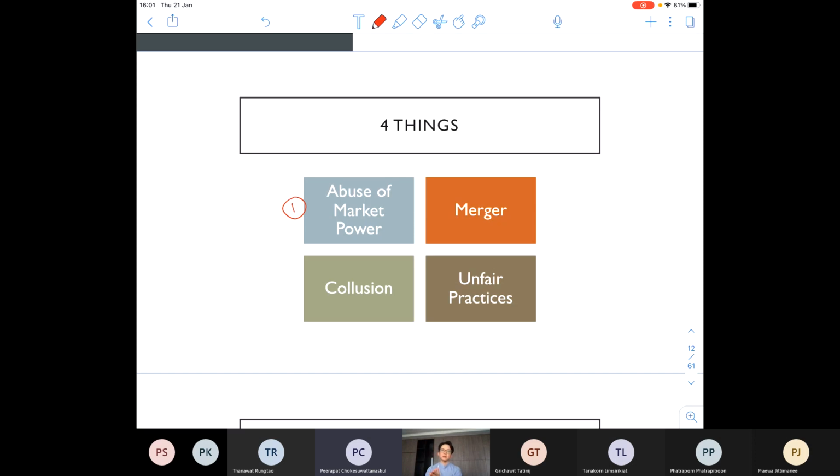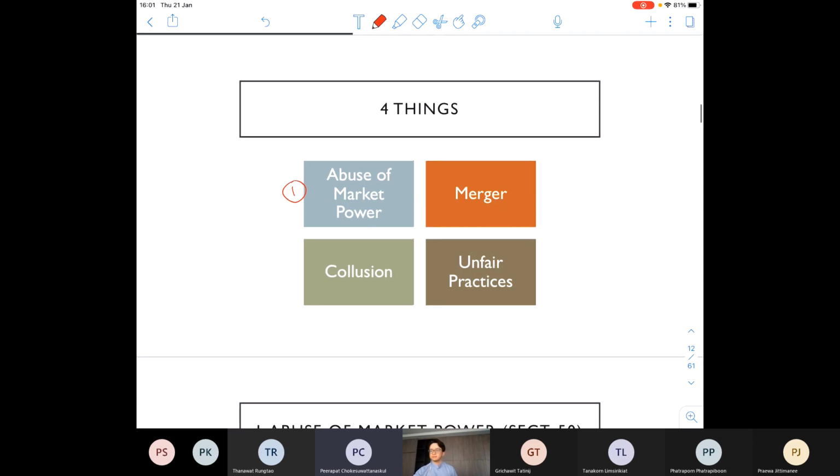This is merger. The third is collusion. Collusion is quite similar to a merger, but you imagine these firms are still independent. You can call them business operators as well, because the unit of analysis here is not firms. Sometimes I would use these two words interchangeably, firms and business operators, but please understand that I'm talking about a single business entity.